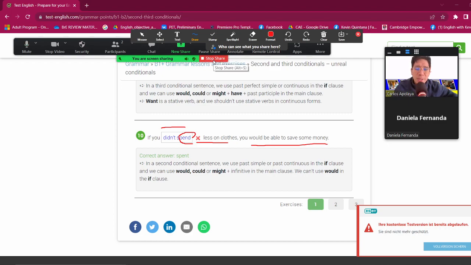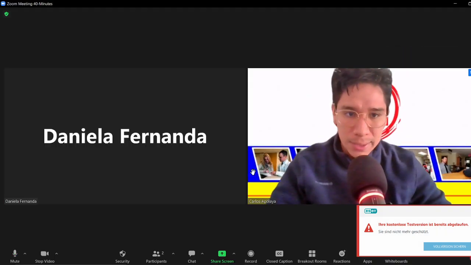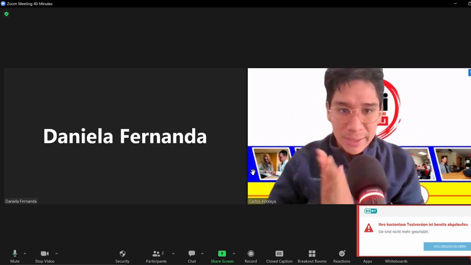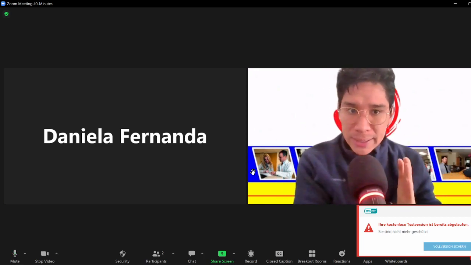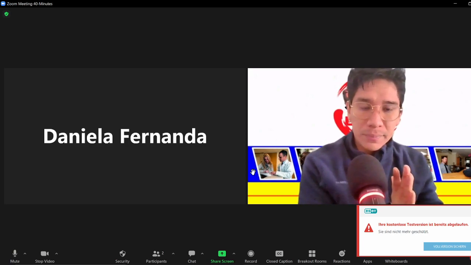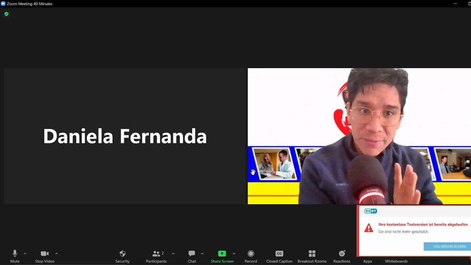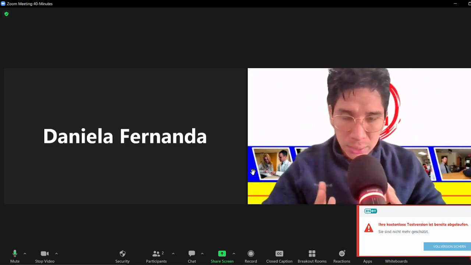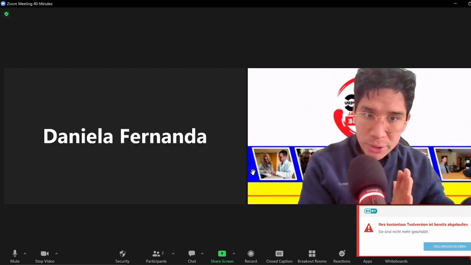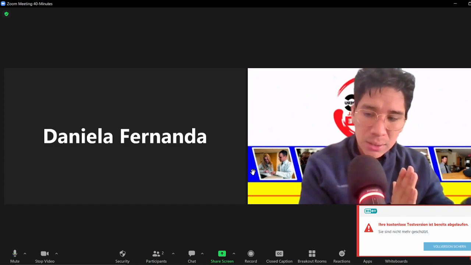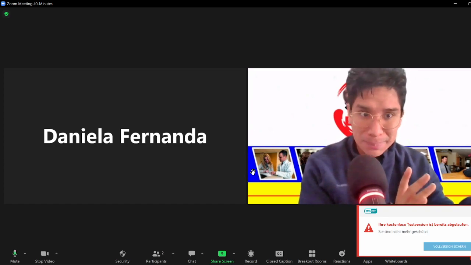So now my question, antes de continuar a lo siguiente. Ya sabes que en la segunda condicional and the second conditional you have to use the past simple and the result in the would plus the verb in the base form, right? And the third conditional you have the past perfect and the result is would plus have plus the verb in past participle, right?